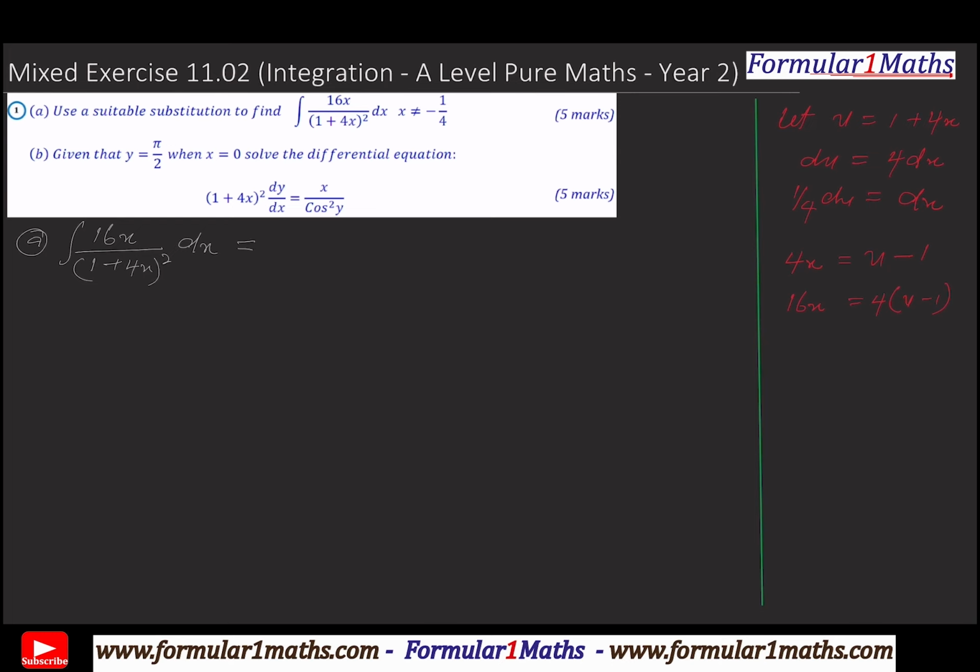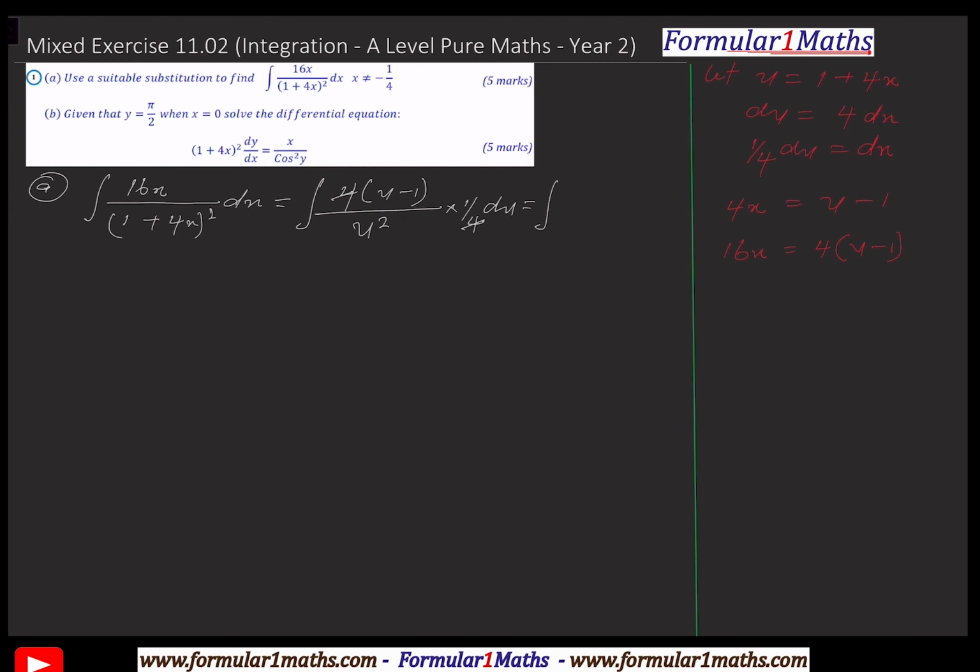So this will be equal to the integral of 4 brackets u minus 1 over u squared times dx, which becomes 1 over 4 du. This will cancel that, and we're going to get the integral of u minus 1 over u squared du. I can rewrite this as follows.